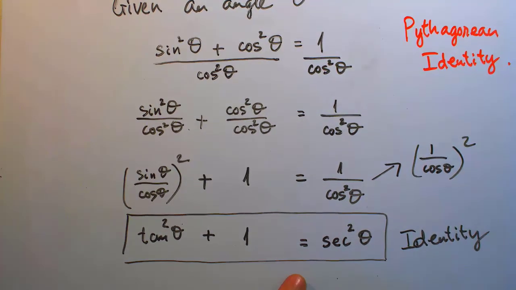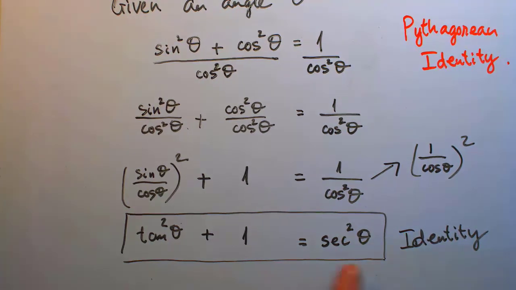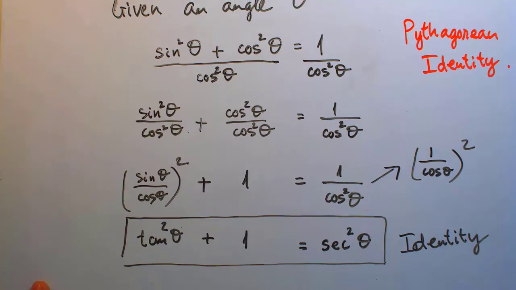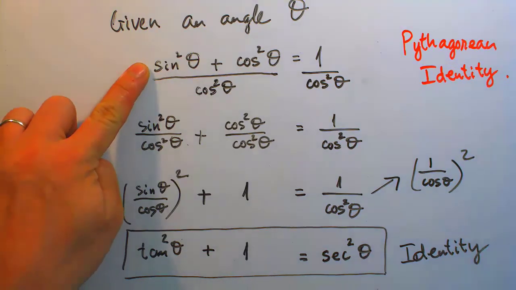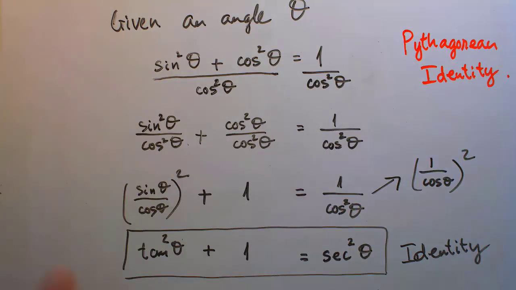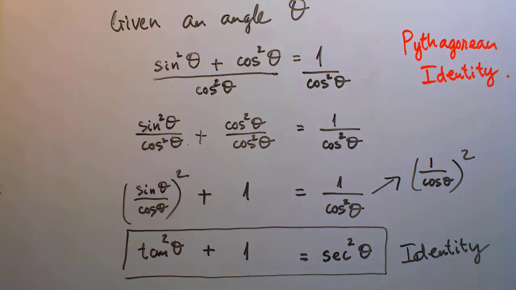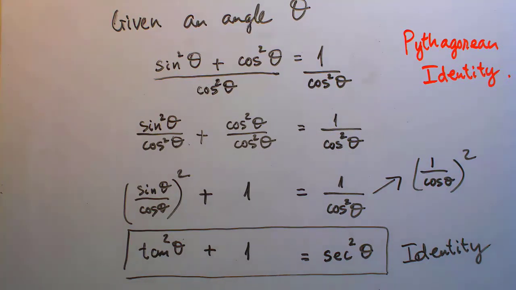It's an alternative form of the Pythagorean identity, primarily the relation between secant and tangent. My point of saying how fundamental sine square plus cosine square equals 1 is, this is the ground where you can grow a lot of other identities out of that.